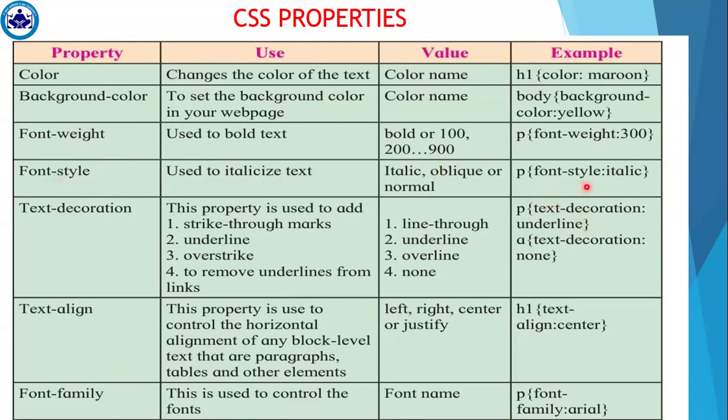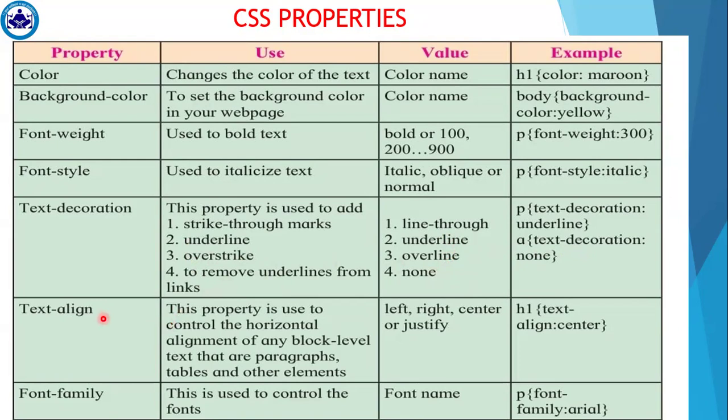Also in the example, you can see p font-style italic. Then if we want to change the decoration, like a strike-through mark, underline, or overline, then we can use the text-decoration property with the values line-through, underline, overline, none.